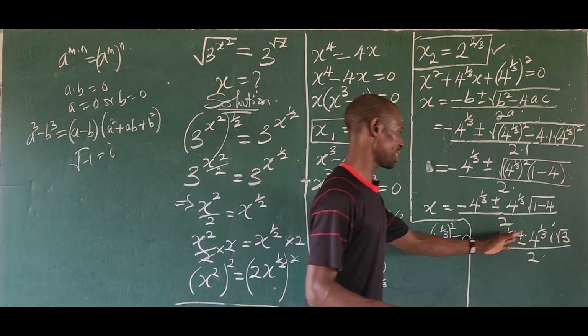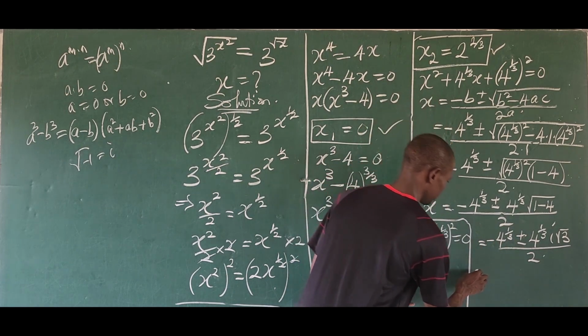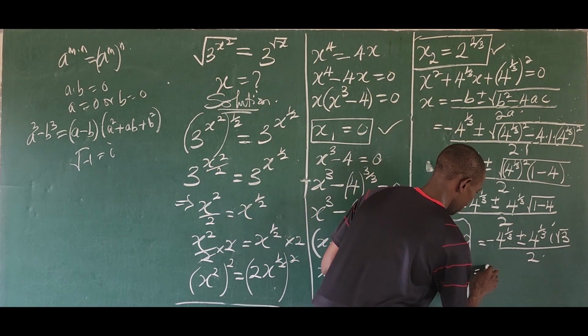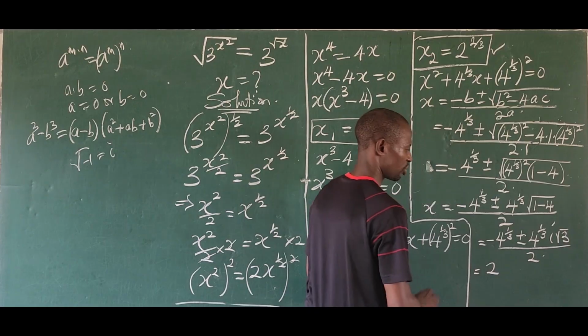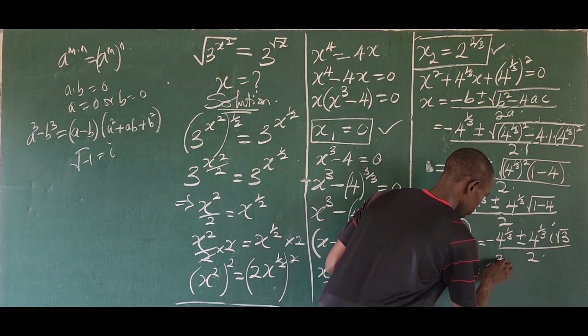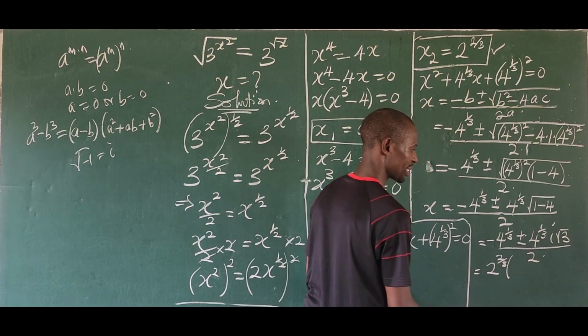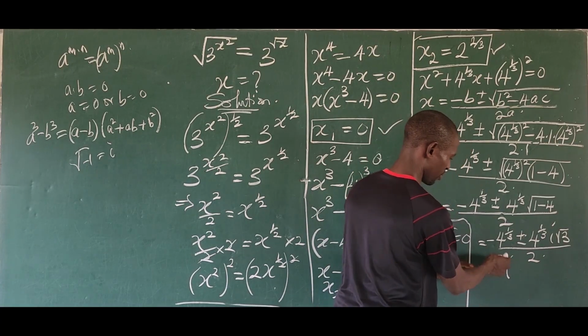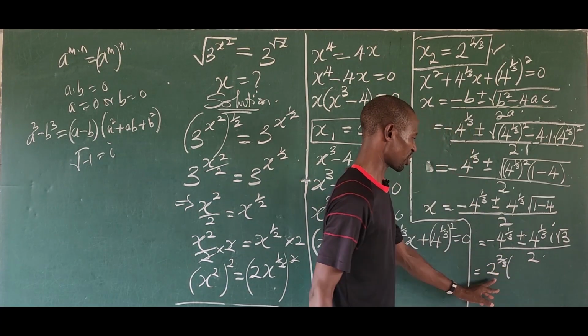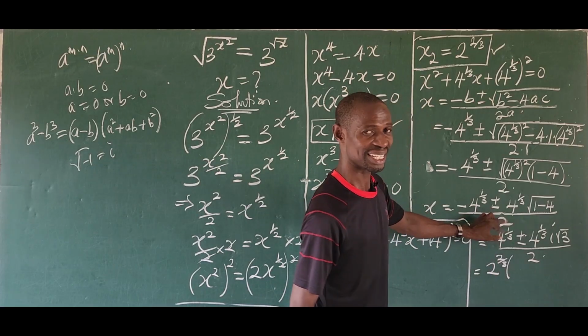So we simplify this down, this is going to give us, here we're going to have our 2 to the power of 2 all over 3, then in bracket, whatever we have here, this expression we have here is the same thing as this.